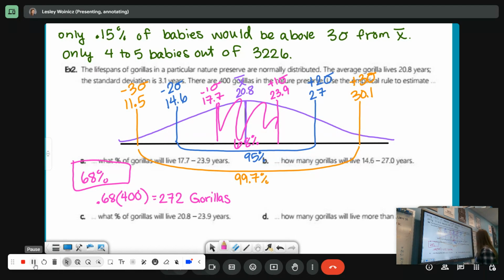All right, B, how many gorillas will live from 14.6 to 27 years? Okay, well, that corresponds to within 2 standard deviations from our mean. So that is 95% of our gorillas.